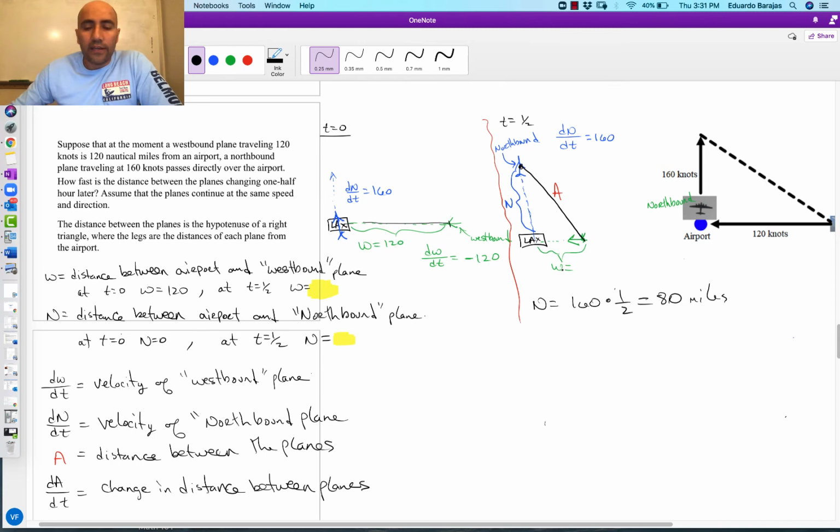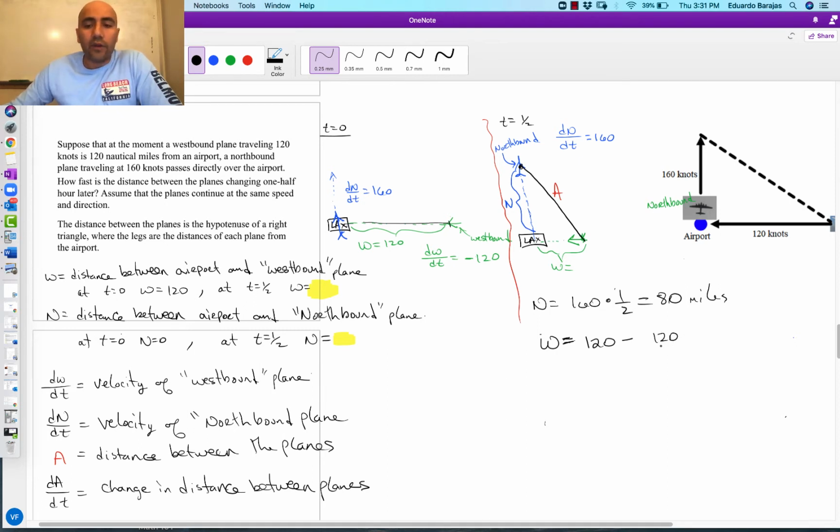And then likewise for W, we are traveling at a fixed speed of 120. W is equal to, okay, you were 120 miles away at time equals 0, and then you're chipping away at that because you're getting closer and closer to the airport, at a speed of 120 nautical miles per hour.